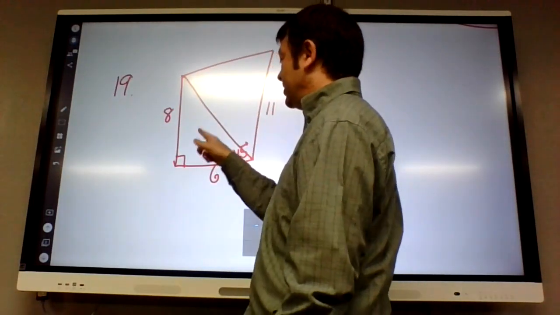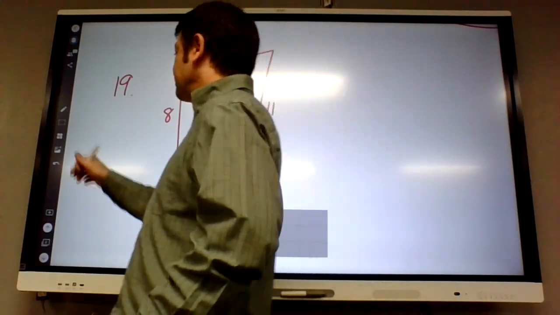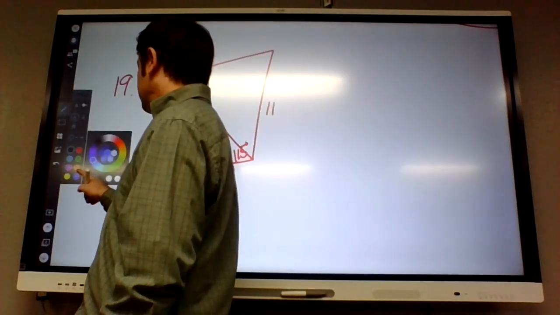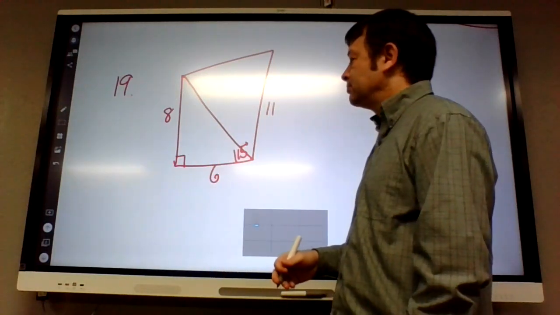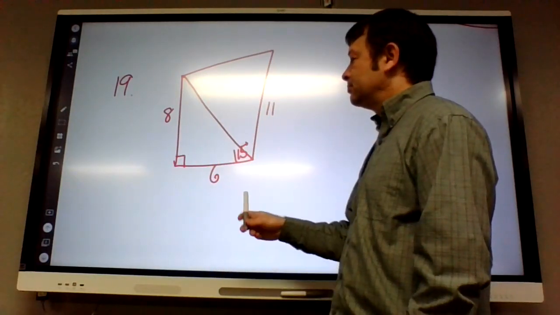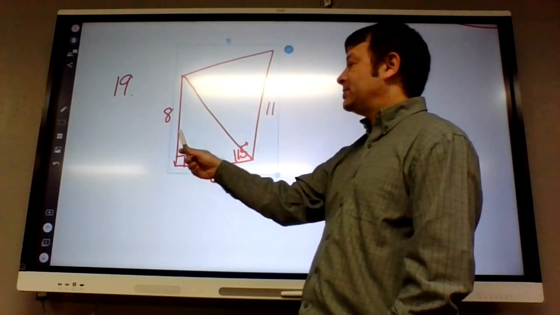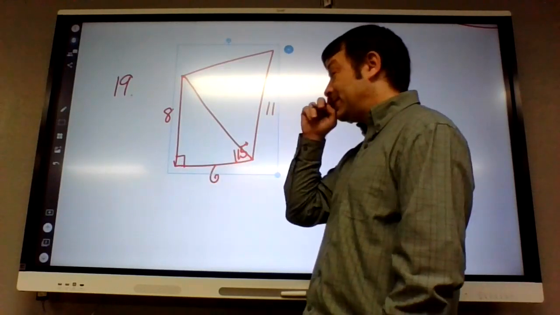So how do I find the area of that triangle? This one. 1/2 times 8 times 6. Yeah, 1/2 base times height. Since it's a right triangle, we can just use 6 and 8 for the base and height.